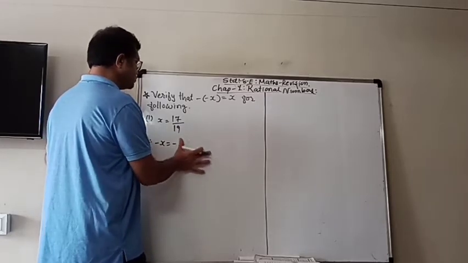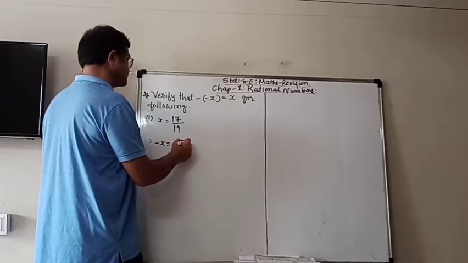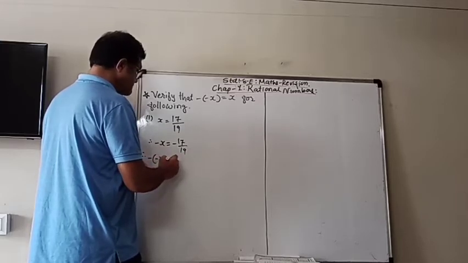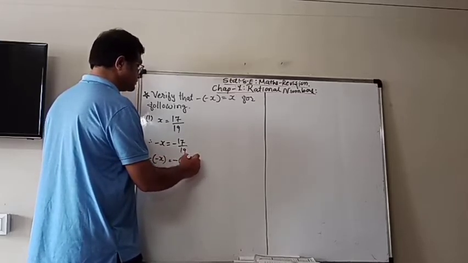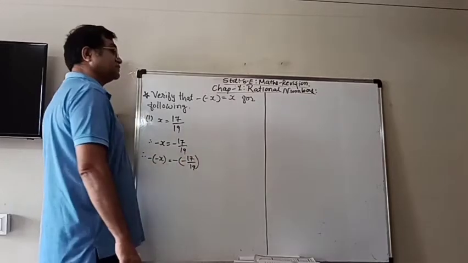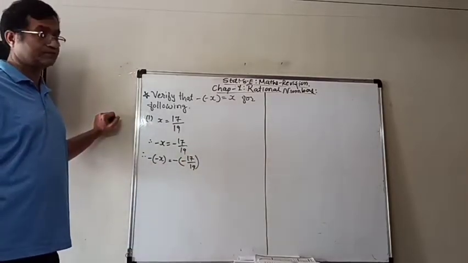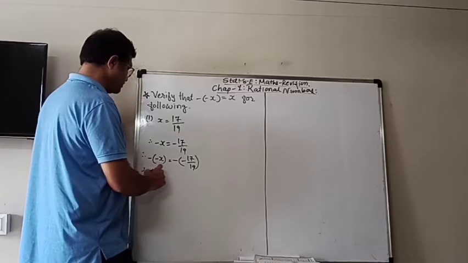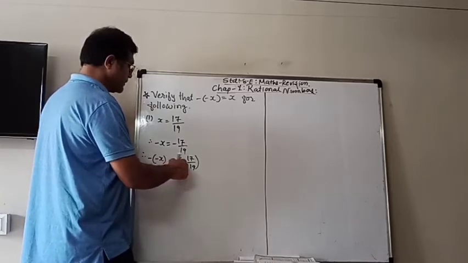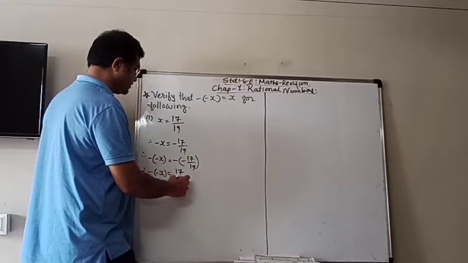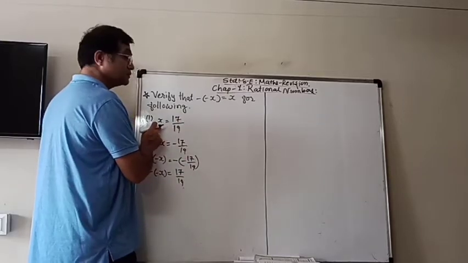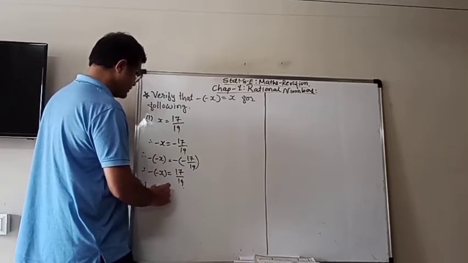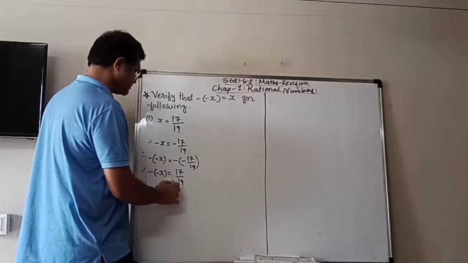Here we don't need to write down the bracket also. Now negative of negative x means negative of this negative, and we know that minus minus becomes plus. So negative of negative x is equal to 17 upon 19. And 17 upon 19 is x. Therefore minus of minus x is equal to x.